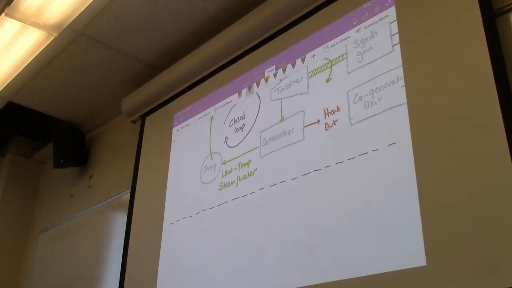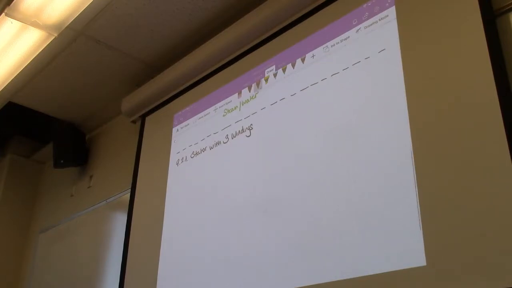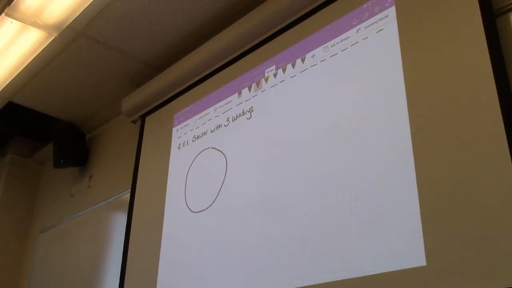Okay, so stator with 3 windings. So we're going to be representing our stator with the windings collapsed into a single point.